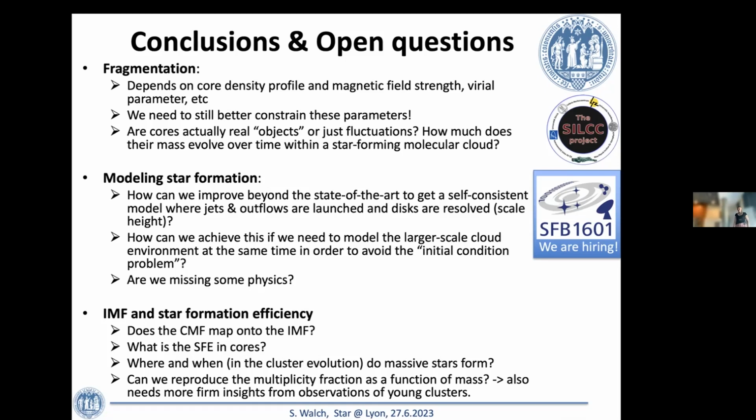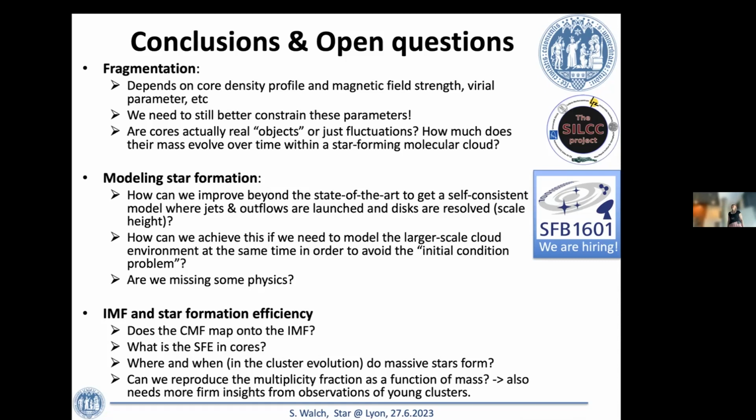Do you expect this to change by a large amount as time goes on? The IMF which I showed you is basically the IMF for stars on the main sequence, so the final one. So your question, if I understand correctly, is how the protostellar IMF looks like, and how this evolves into the IMF as we know it?